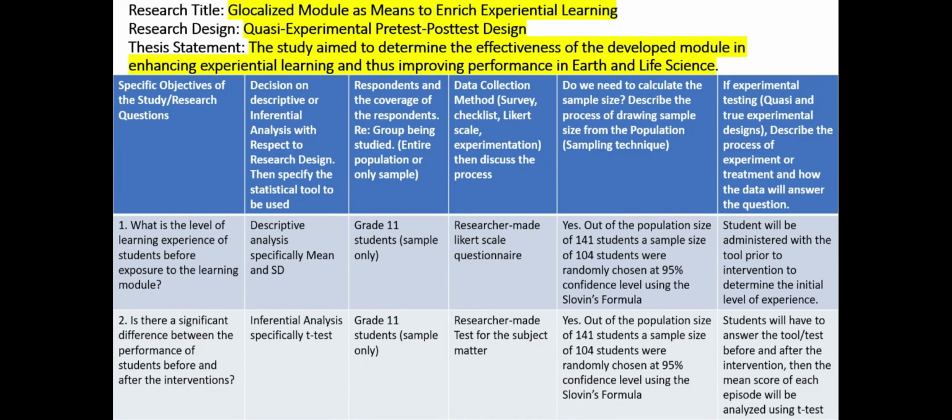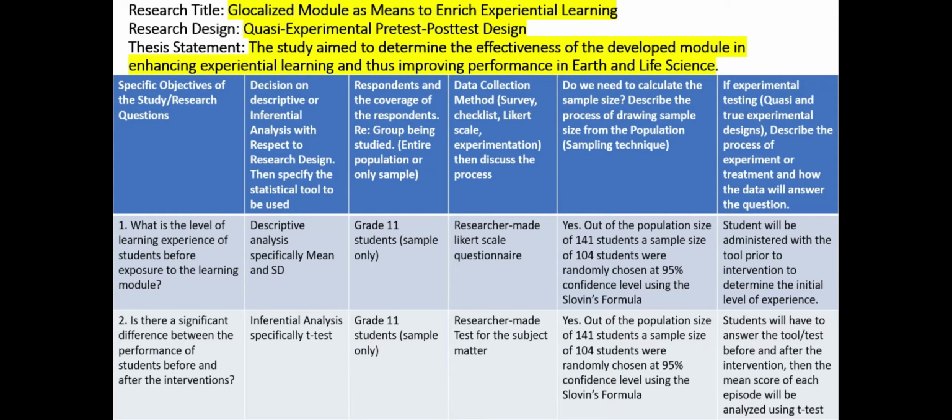So here are the things that I did. For example, for the first question, what is the level of learning experience of students before exposure to the learning module? So the type of statistics that I will be using is descriptive statistics here, specifically mean and standard deviation, because I will be getting the level of experience of the students, so it's going to be in average.